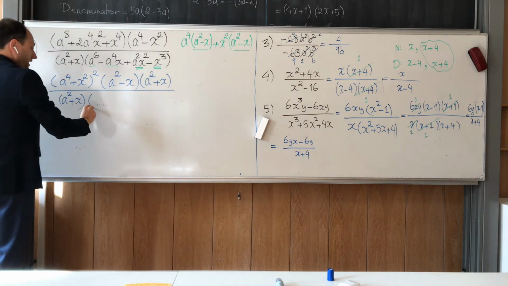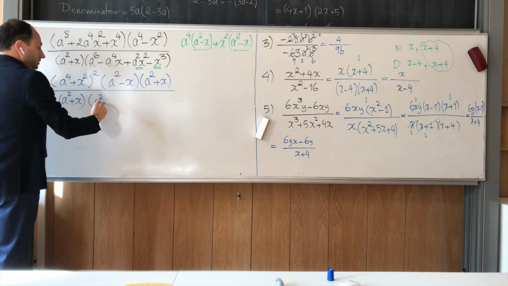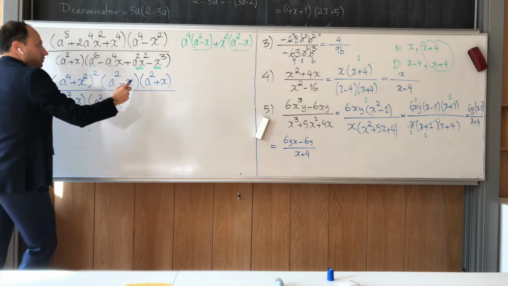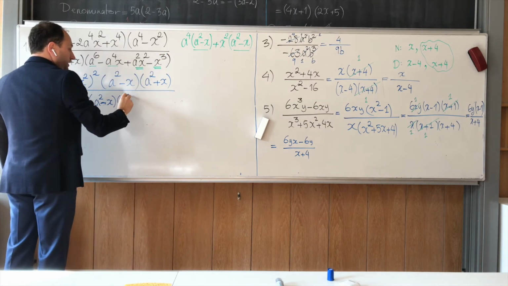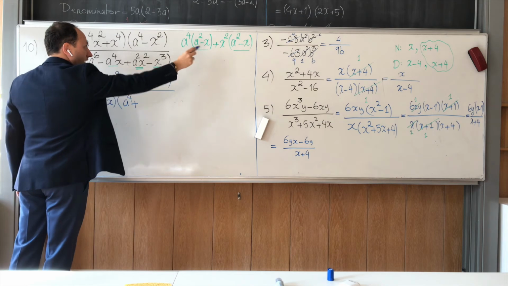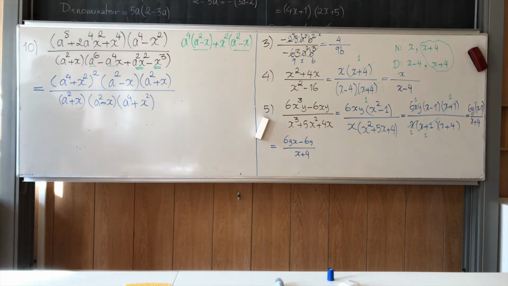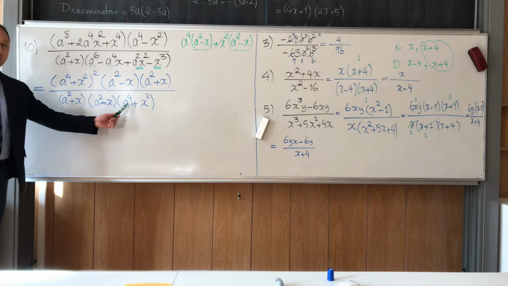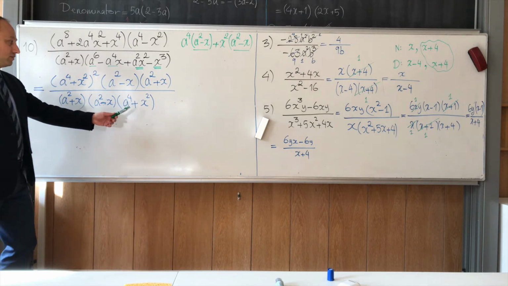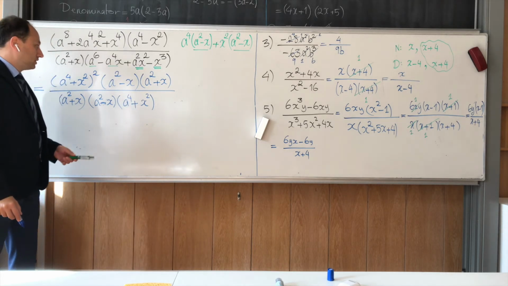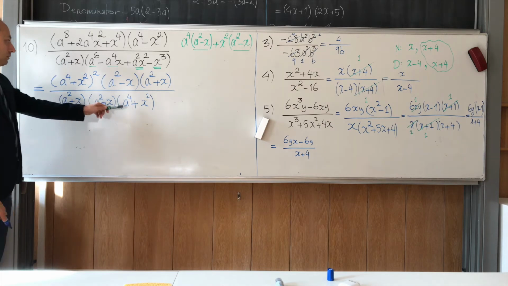So if I pull a squared minus x out, from this term, a to the 4 is left, and from that term, positive x squared is left. And you know that the sum of the completed squares are not factorizable in the realm of real numbers. We need complex numbers. So we keep it like that.